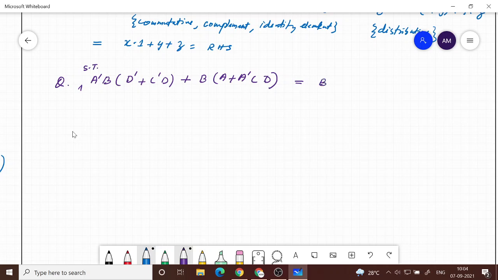So this ultimately becomes equal to B, and you can see that B is common here.